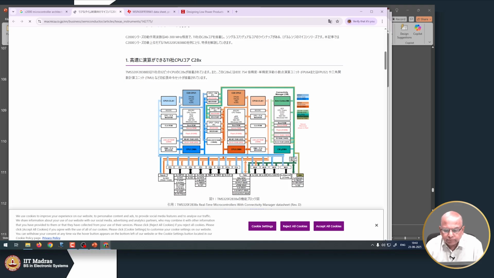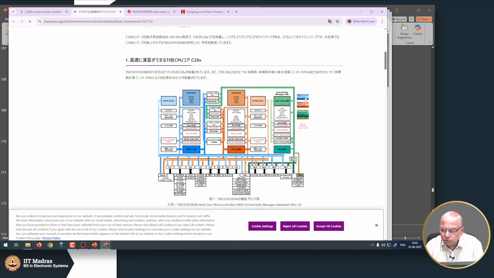It has a number of CPUs. See, there is a CPU 1 and there is a CPU 2, and then there are what are called accelerators, and RAM, and direct memory access for both the CPUs. Then there is a connectivity manager, right.